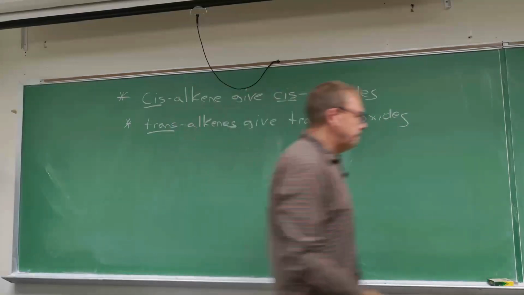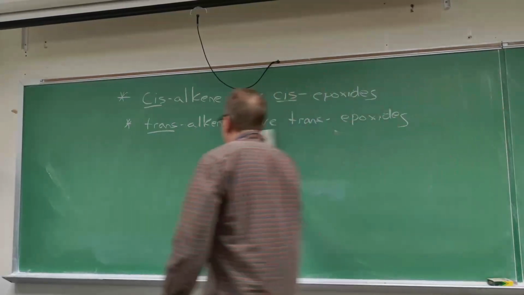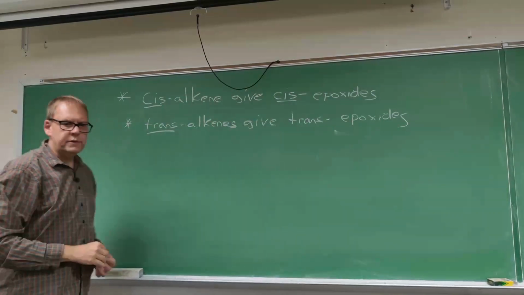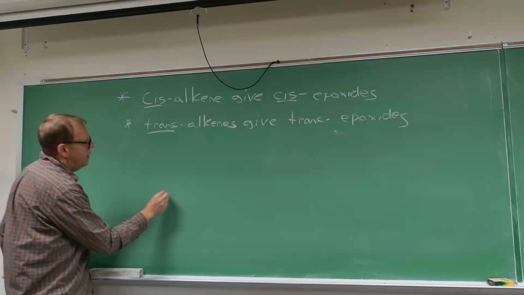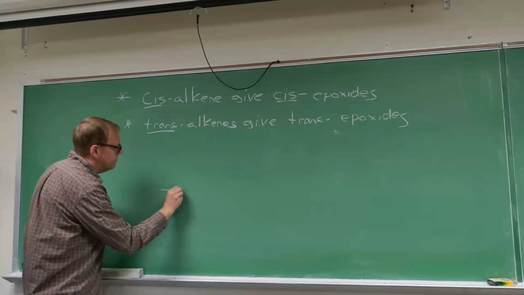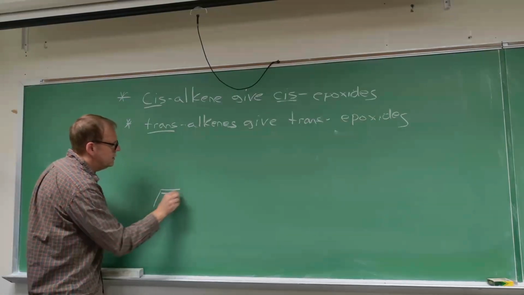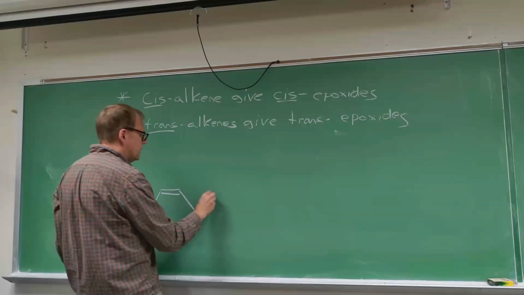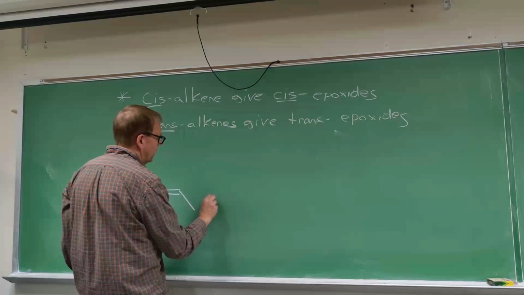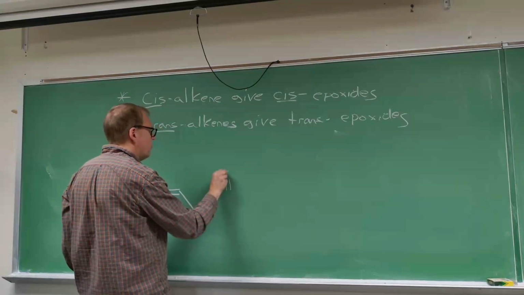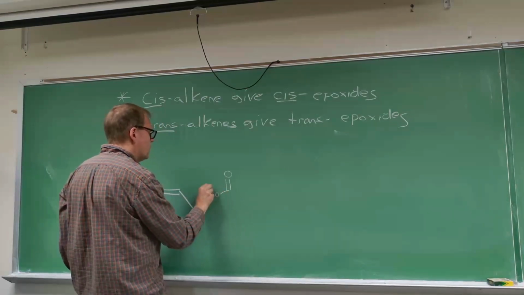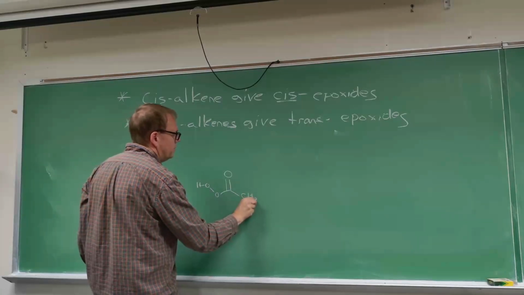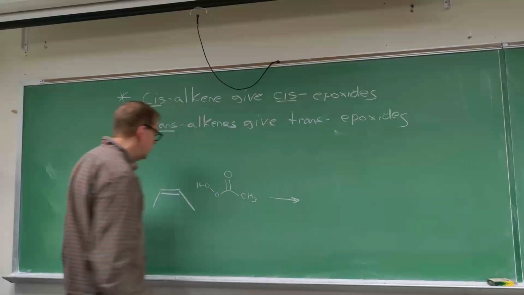Let me show you what I mean. We'll tackle the cis example first. If you start with a cis alkene, like for example cis 2-butene, and you put in a peroxy acid, like this one, you get an epoxide.